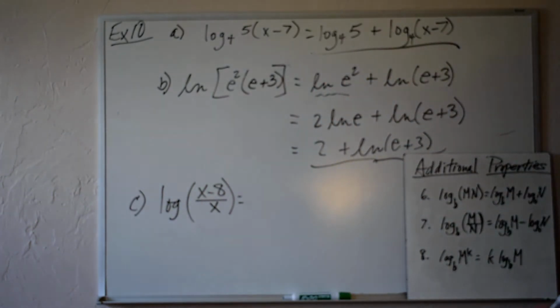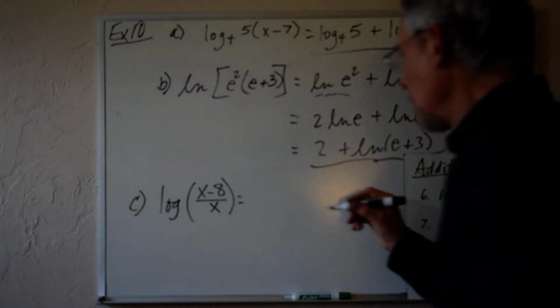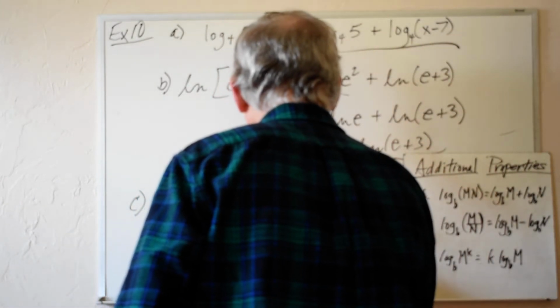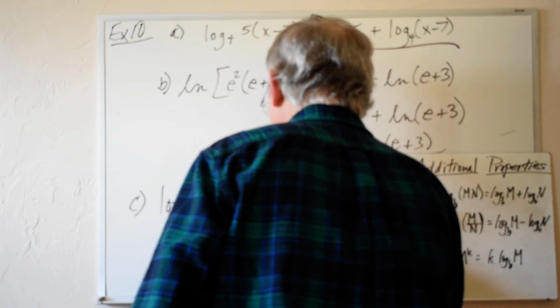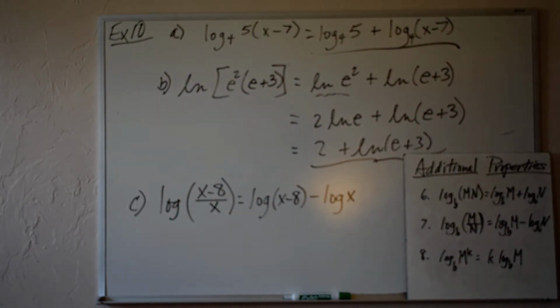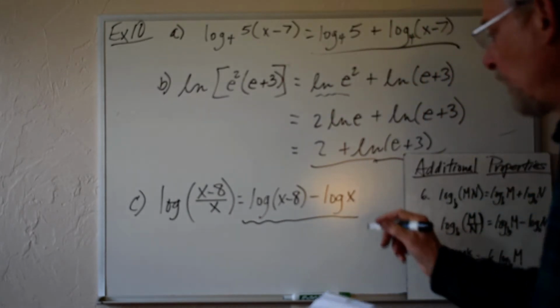So this is a perfect example of property number 7. This is equal to the common log of x minus 8 minus the common log of x. And there's nothing more that could be done to simplify it after that.